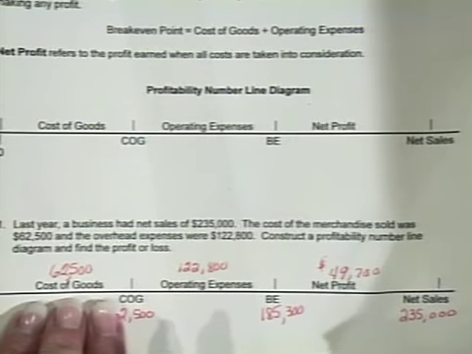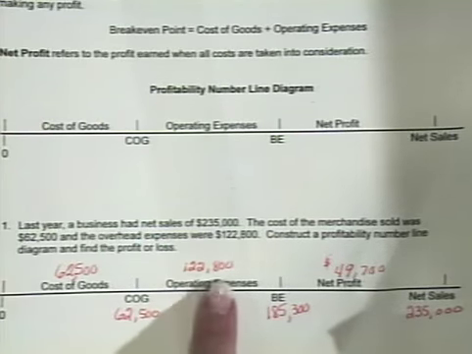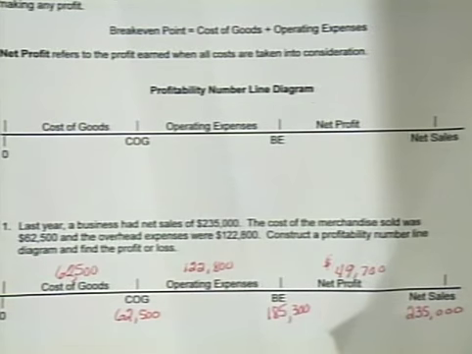So right above cost of goods, I'd write $62,500, and I like to go ahead and put it here on the bottom because that's a pretty important number. I'm giving you lots of information about this business. I'm also telling you that your overhead expenses were a total of $122,800 last year. So I want you to construct this profitability number line and find out if I made a profit or if I had a loss.